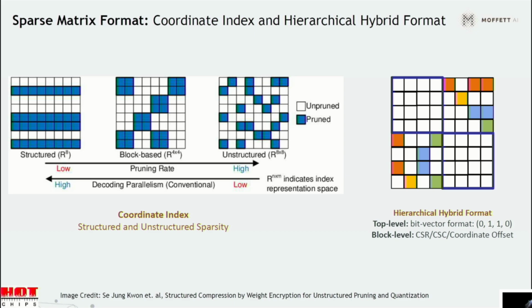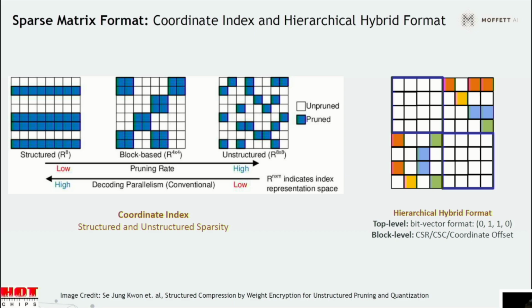And for unstructured sparsity, the non-zero values are spread over the matrix without structure. It can have very high efficiency or accuracy with the same sparsity ratio, and the index range is an 8x8 array. But for unstructured sparsity, there's a sparsity tax, as I mentioned before.